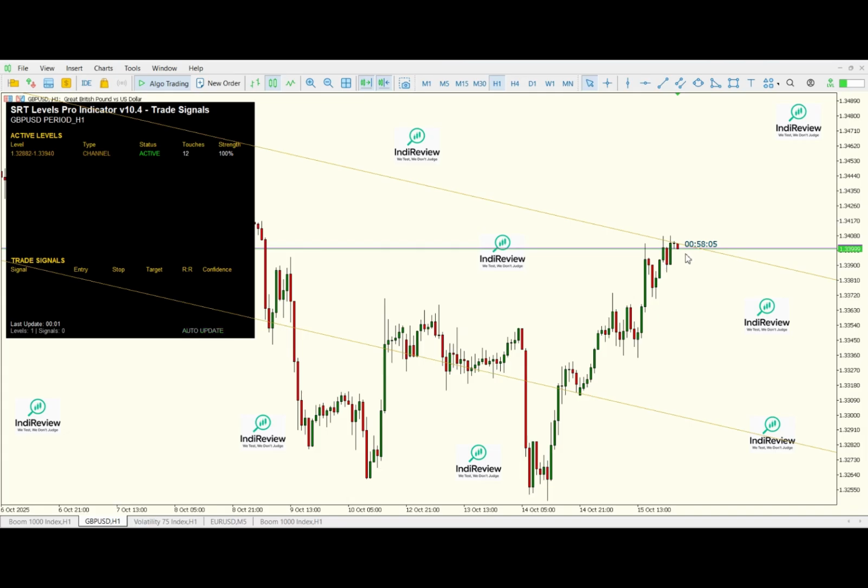Okay, so that's how this one is going to work: based on where the candle closes, it is going to give us a signal.